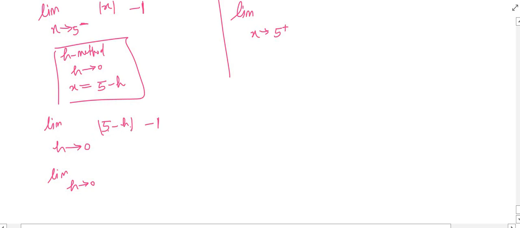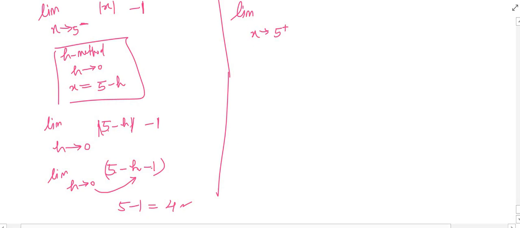So 5 minus a tiny number is a positive number itself, right? So we can just remove mod. So 5 minus h minus 1. Now put h equal to 0. So 5 minus 1, which is 4. So this is the left hand limit, 4. Correct? Because we kept h equal to 0. So 5 minus 1 is 4.